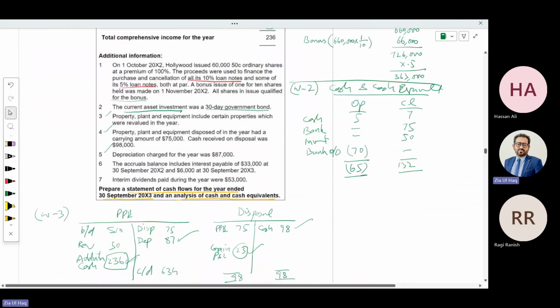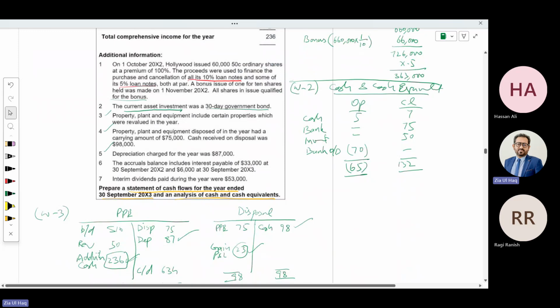The accrual balance includes interest payable of 33,000 at 30th September 20x2, meaning the opening balance of 33 relates to interest payable. And 6,000 at 30th September 20x3 means the interest payable closing balance is 6,000.